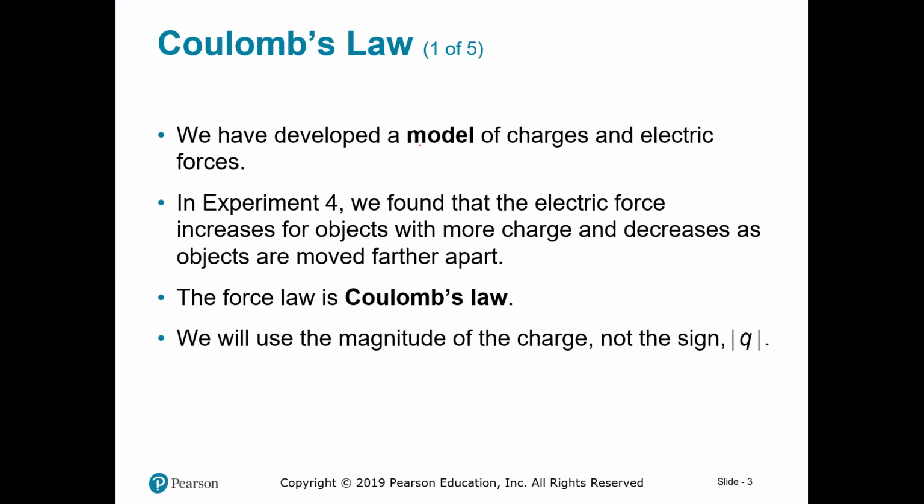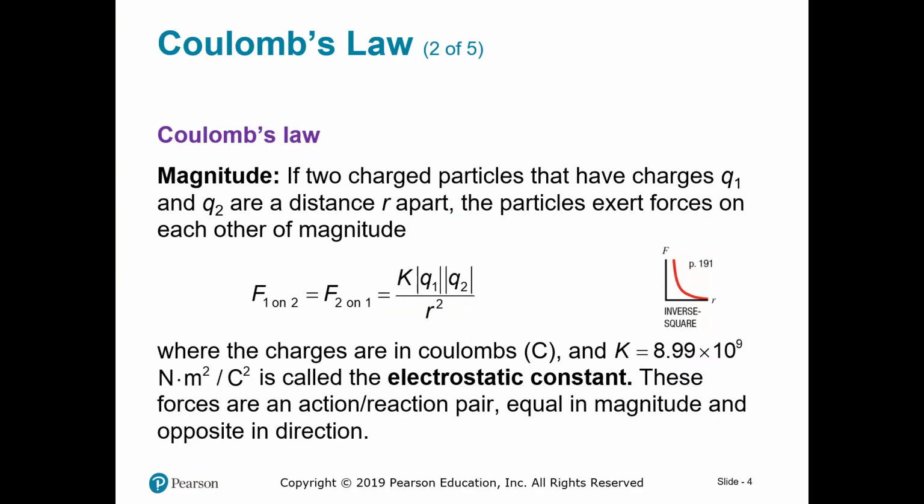So we have developed the model of charges and electric forces, right? And then that force law is called Coulomb's law, right? So we will use the magnitude of the charge, not the sign, but if you consider the sign, that will change the direction of the force, right? So Coulomb's law is very straightforward.